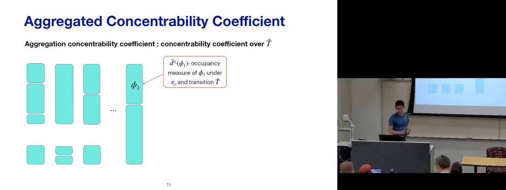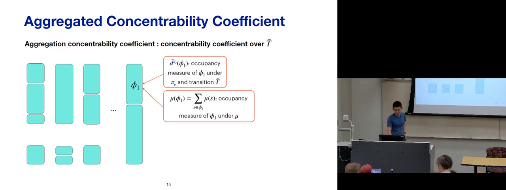Suppose this V1 is an aggregated state, and we use D bar V1 to denote the occupancy measure of this aggregated state under the transition model T bar, the aggregated transition model.